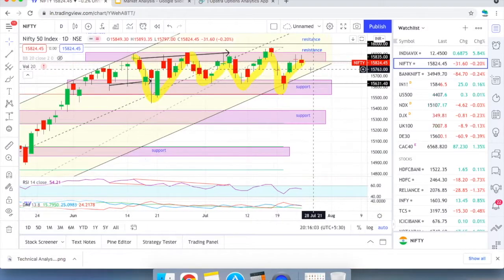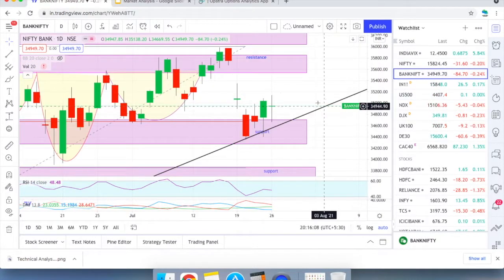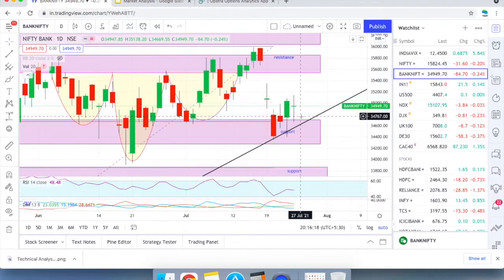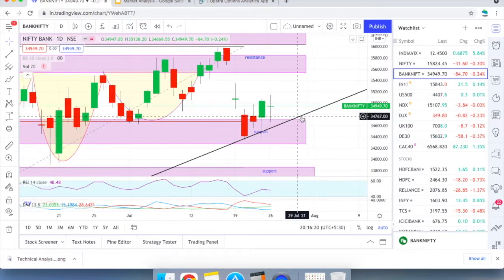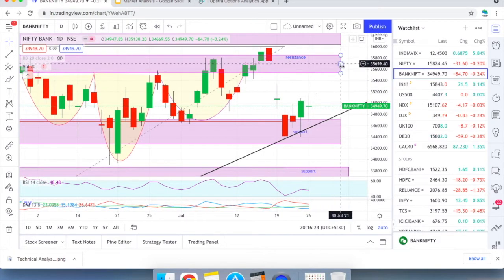This time we could not climb, today also we could not climb. Bank Nifty has not even attempted to go to the next resistance level. It did move slightly up and then formed a doji. Nothing has changed in the support and resistance levels. It remains the same.